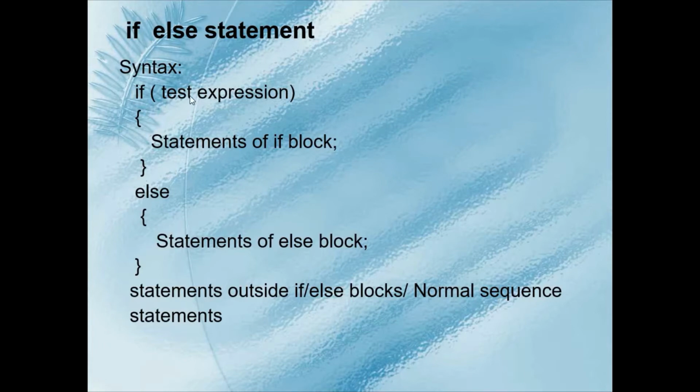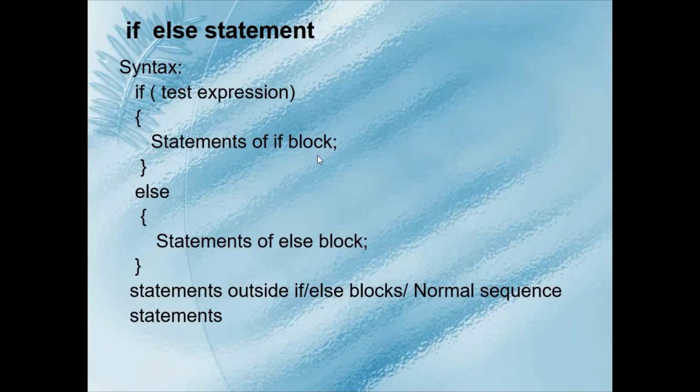If the test expression or the condition is true, then the statements of the if block are executed. If the expression is false, then it skips this block of statements and goes to the else block and executes the statements in the else.